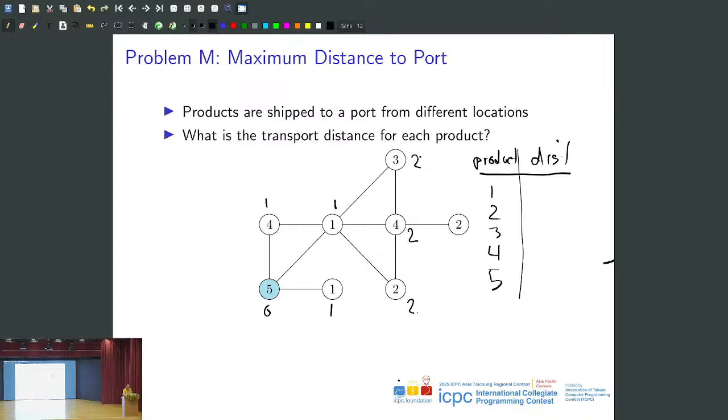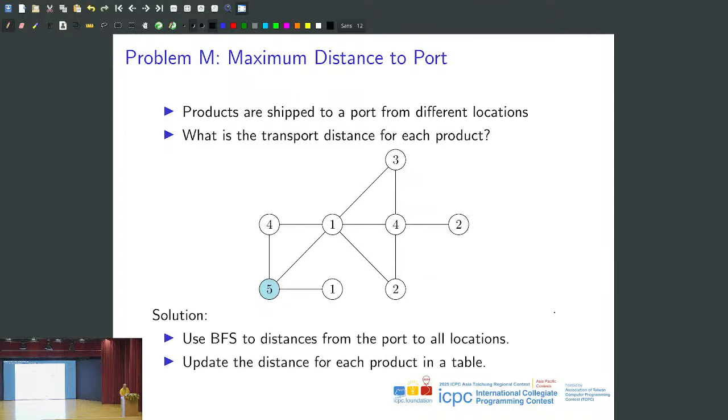These should have distance 2, and this is distance 3. Then you just go through all nodes and update the distance in this table. For example, you come here and say, oh, product 2 has distance 3, but later you come here, and now you see product 3 has distance 2, but 3 is the bigger one, so you keep it 3. Just keep the maximum here. So it's one BFS. It was also solved very well.